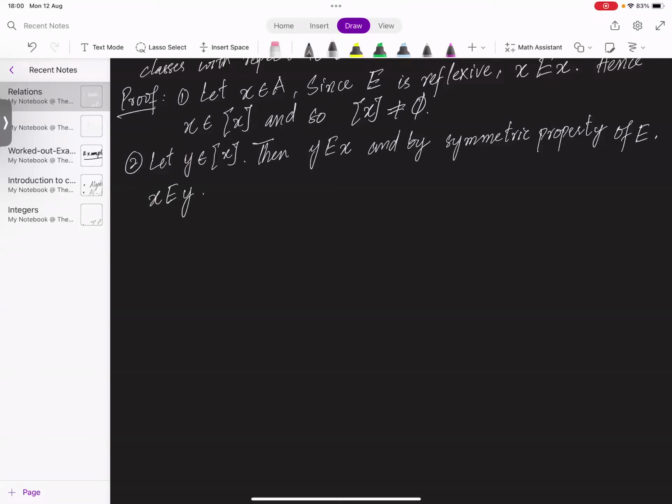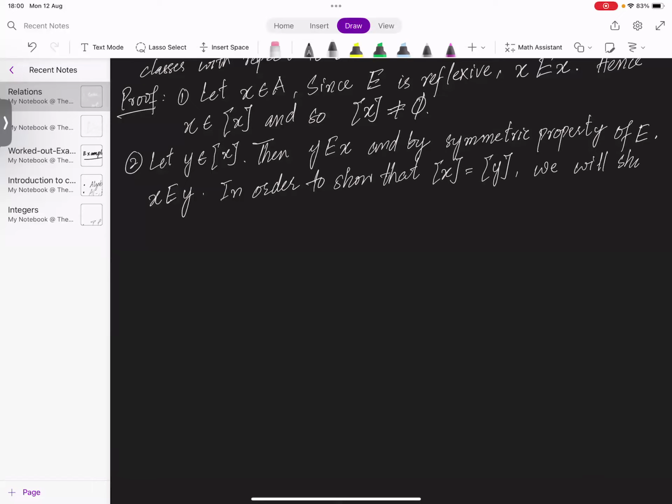In order to show that the equivalence classes are the same, we will show the containment.